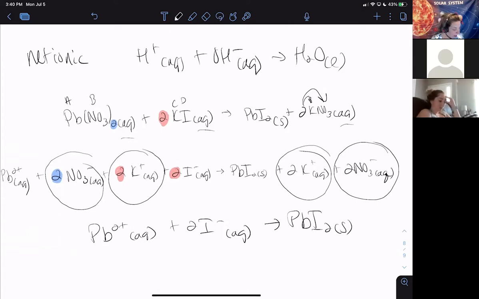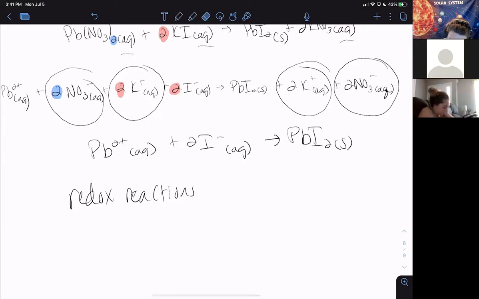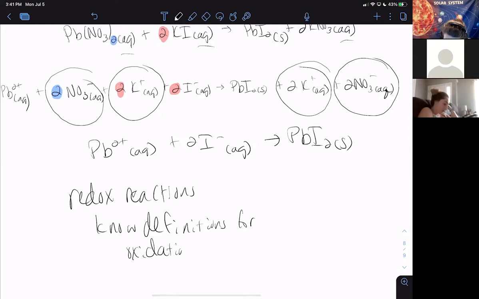Okay. We've already talked about acids, bases, neutralization reactions. Redox reactions. You should know what oxidation is. So no definitions for oxidation, right?